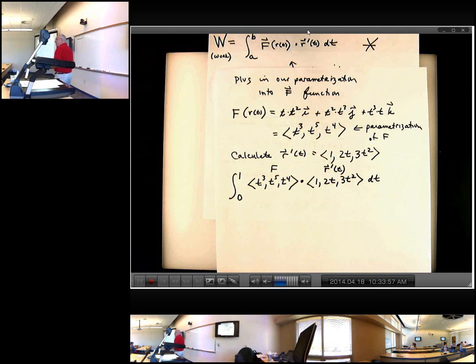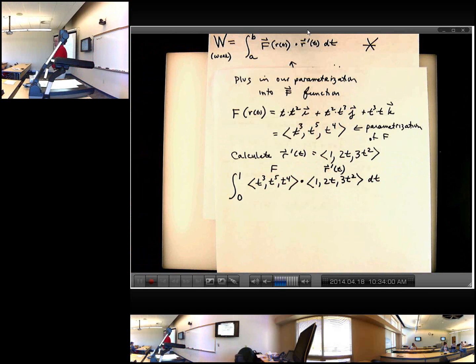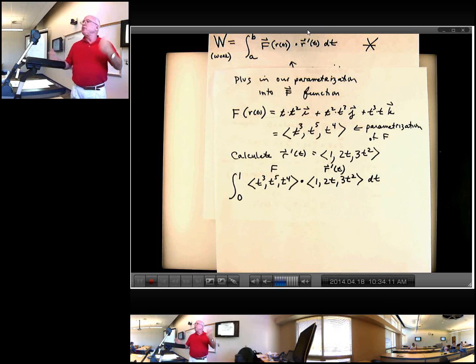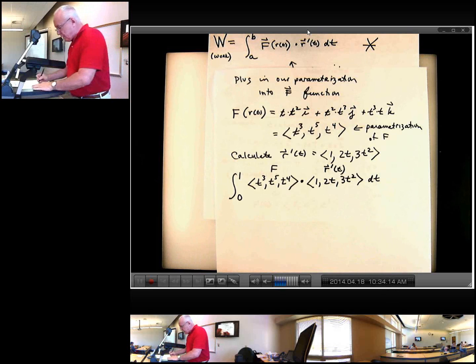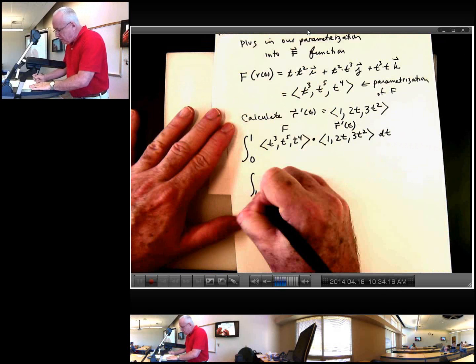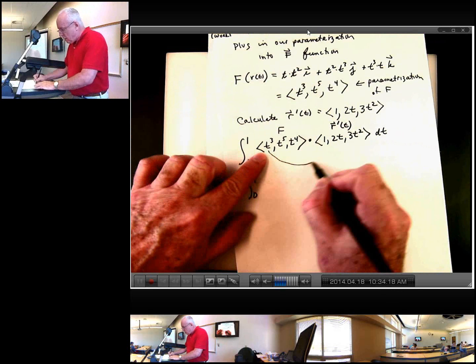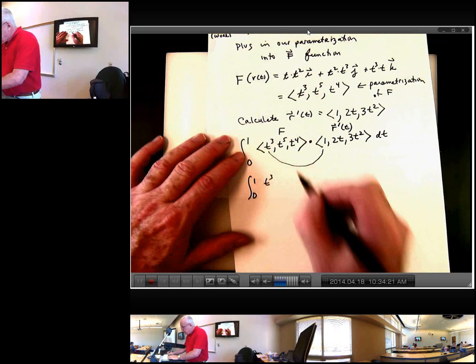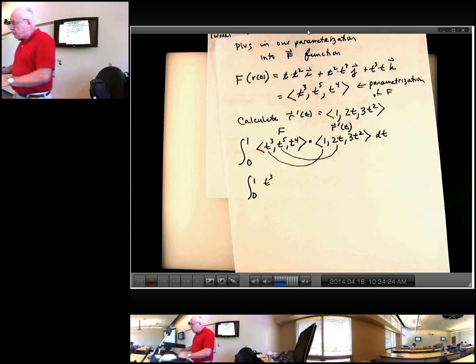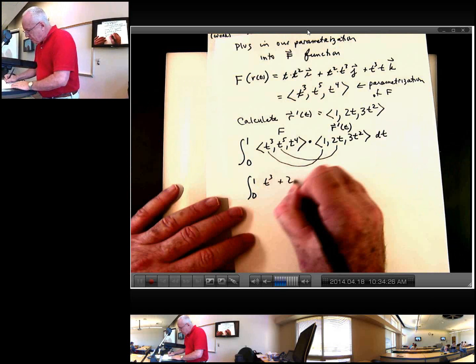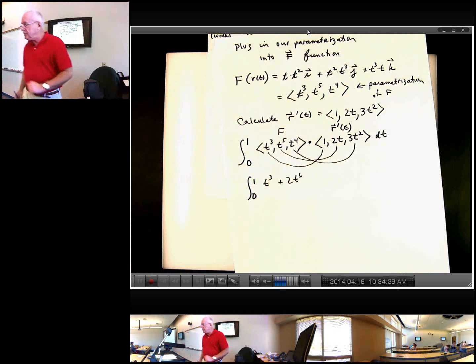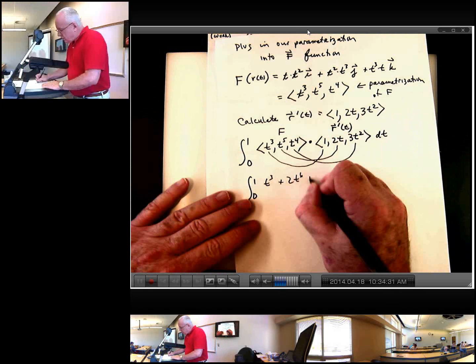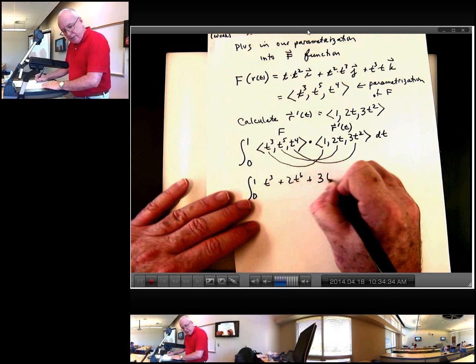Do we remember how to do a dot product? You multiply the components together and add it all up. So let's rewrite this with that. We multiply t cubed by 1, so that's t cubed. t to the fifth by 2t, that's 2t to the sixth. And then t to the fourth by 3t squared, that's 3t to the sixth power.